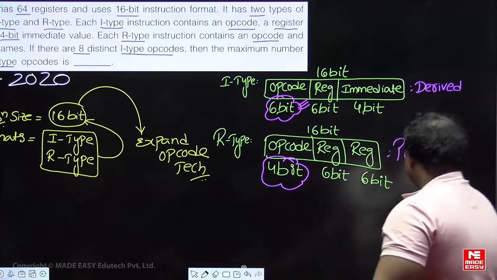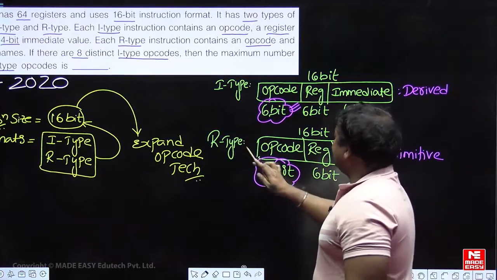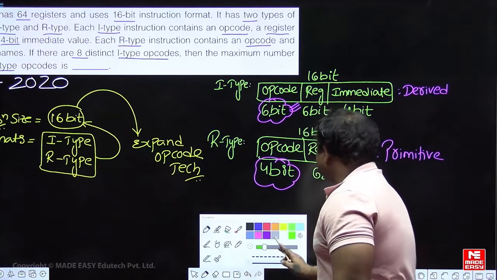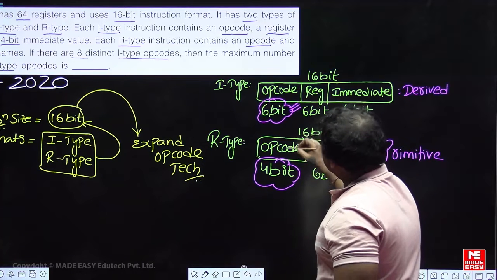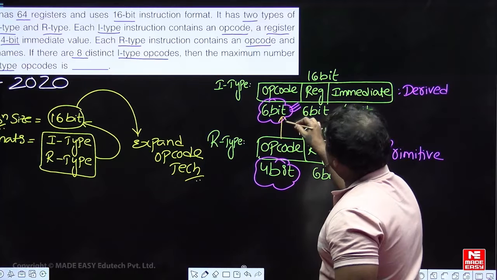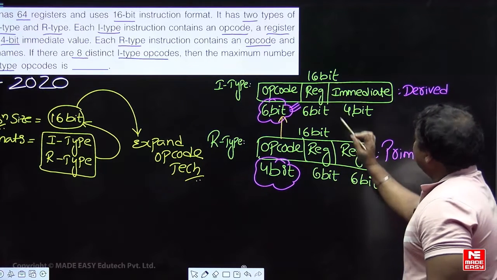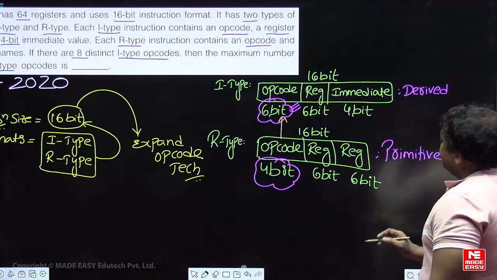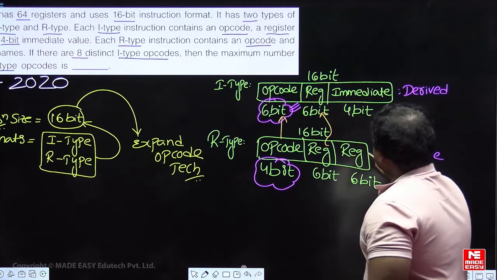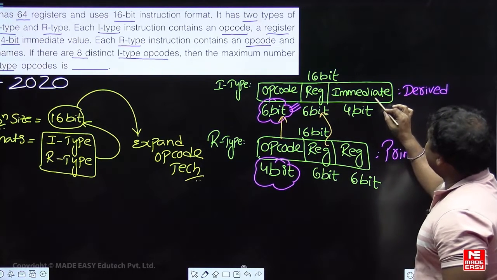Clear? Alright. So here we have I-type and R-type. R-type is the primitive, I-type is the derived. In this design, we take the common parameter. Primitive and derived, the common parameter is the opcode. The remaining are register and immediate. The register is common, so take it as it is. In the primitive you have a register, but in the derived you have an immediate.